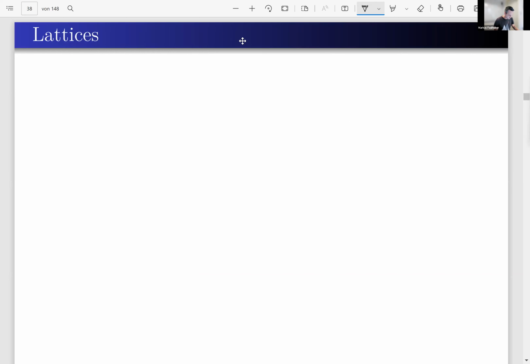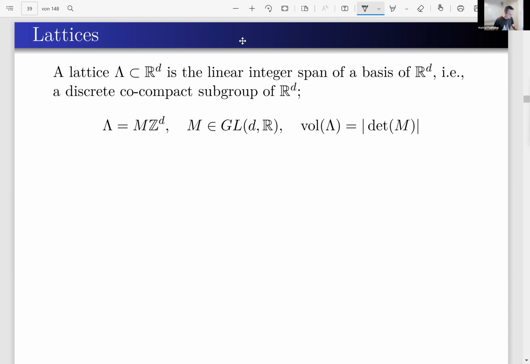So maybe not all of you know what a lattice is, so let me just briefly recall this. A lattice is mainly you take a basis of your Euclidean space R^d, and then you only take integer linear combinations. So in the end, what you get is a discrete co-compact subgroup of your Euclidean space, which could also be identified with a torus. We pick some matrix M. The columns of M are the basis of R^d, and then we just take integer combinations.